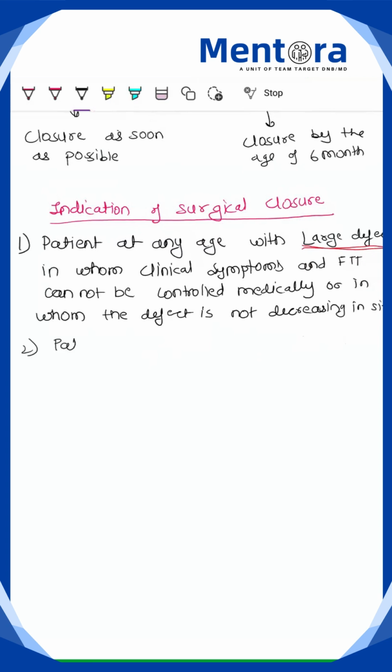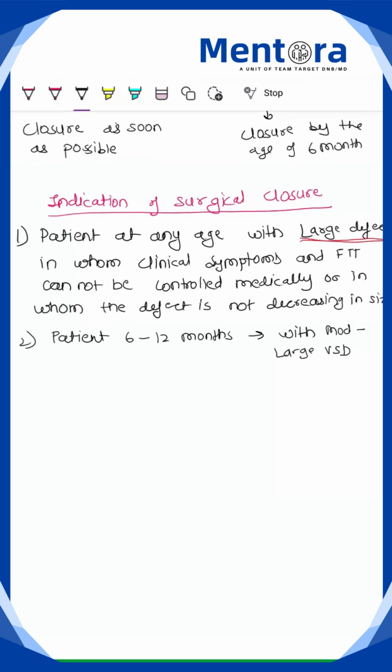Or patient between age of 6 to 12 months with moderate to large VSD associated with pulmonary hypertension.